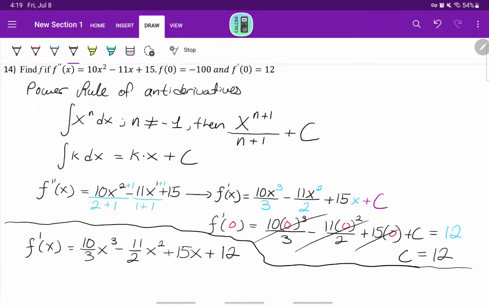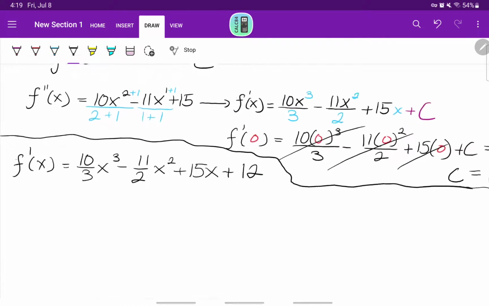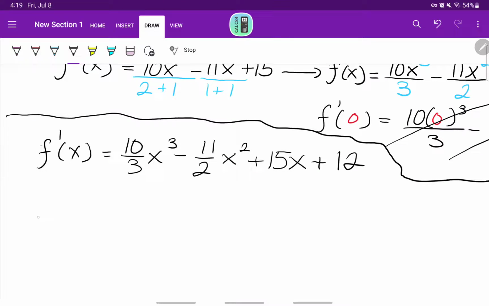All right. To find our original function, we must take the antiderivative of the first derivative, using the power rule of antiderivatives again. So, to find f of x, we're going to add 1 to the exponent and divide that by 3 plus 1. Add 1 to the exponent, divide that by 2 plus 1. There's a 1 already here. Add 1 to the exponent, divide that by 1 plus 1. This is a constant.